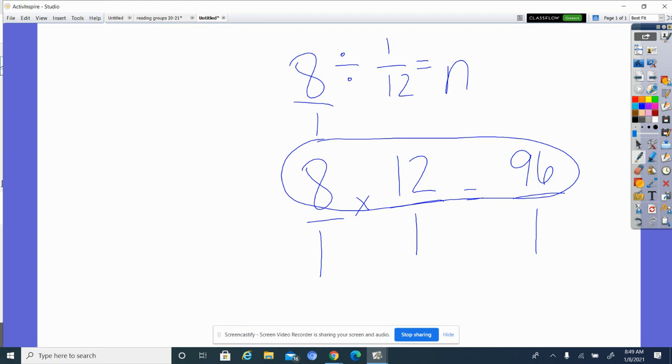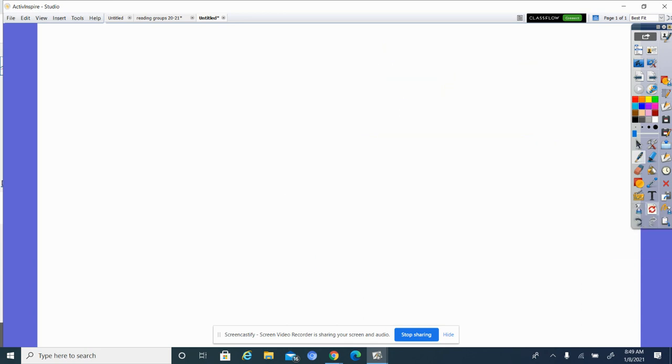Okay, so n equals 96. So you should have n equals 96 and 8 times 12 equals 96. That's related. Okay? All right, I want you to do number 4. You need to show me a related multiplication fact and you need to show me what n equals. Go.